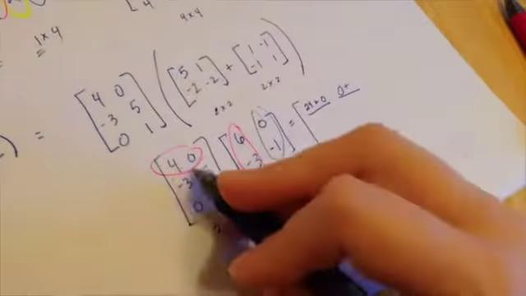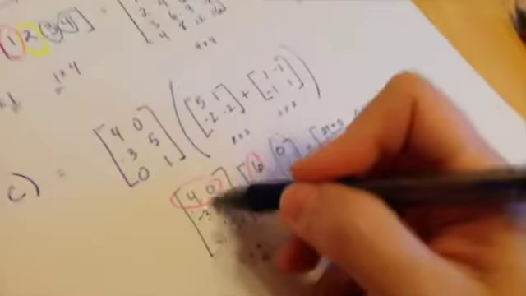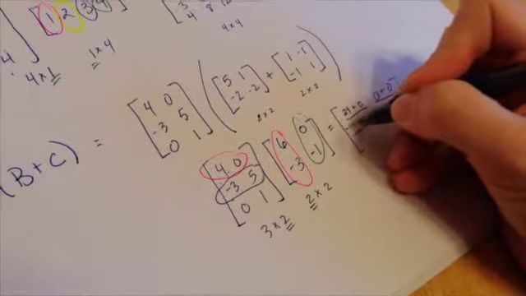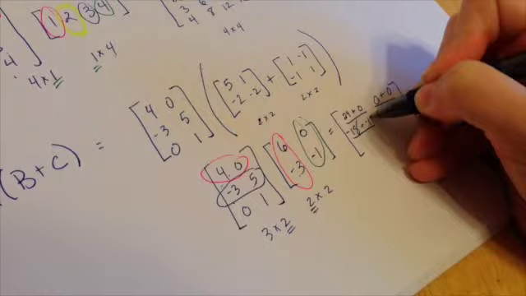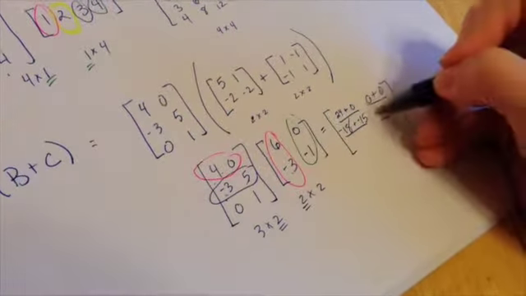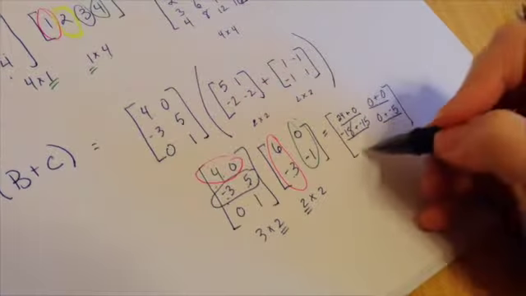We have 4 times 0 is 0. 0 times -1 is also 0. Second row, first column, gives us -18 plus -15. The second row, second column, 0 plus the -5.